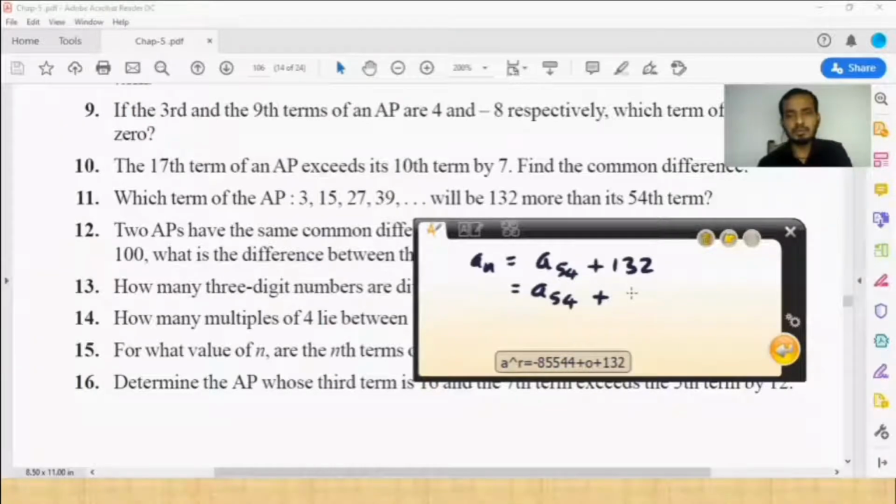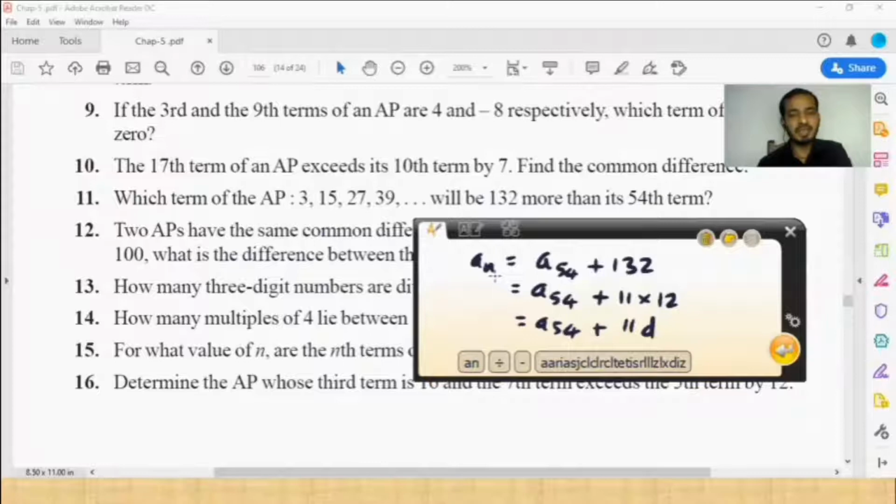How many 12s are 132? 11 12s are 132. So that is A54 plus 11D, where 12 is the common difference. So we want to add 11 times the common difference to the 54th term to get that term, A_N.